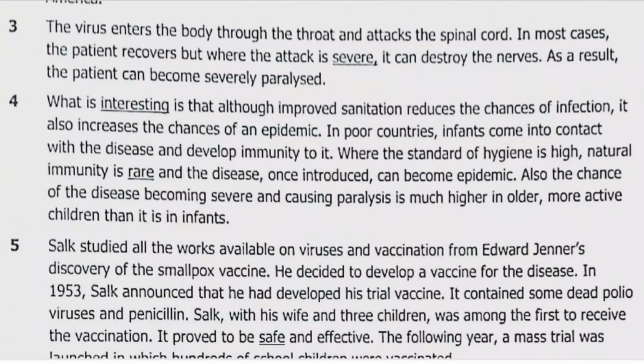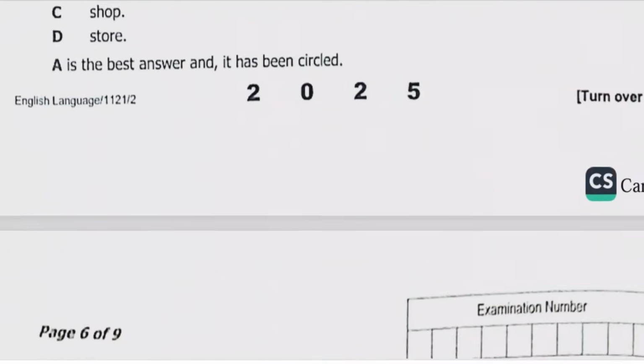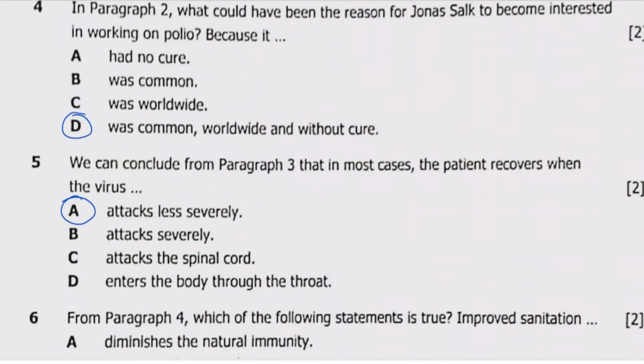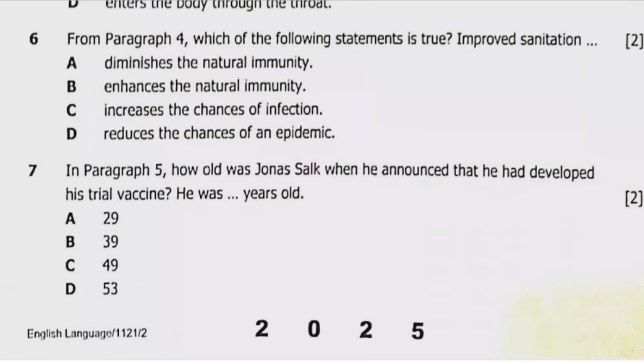Okay, so now let's go back to the question. Which of the following statements is true? Improved sanitation diminishes the natural immunity. Meaning when there is improved sanitation, children don't develop their own immune system to prevent those diseases.